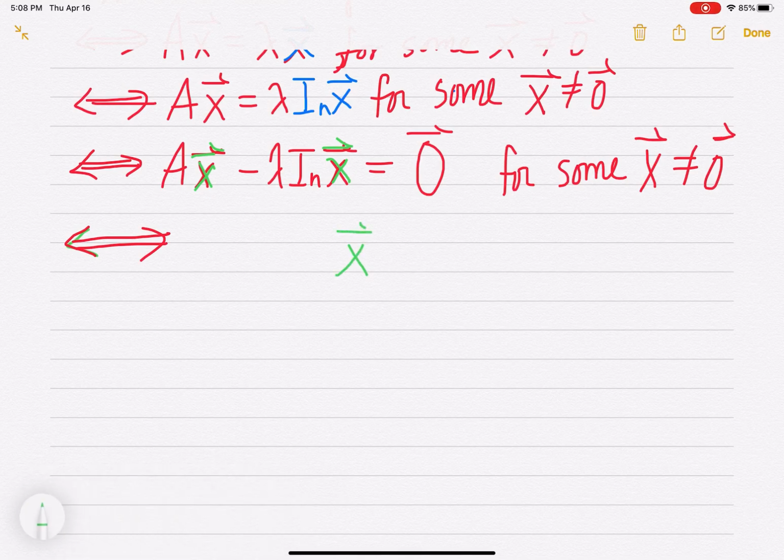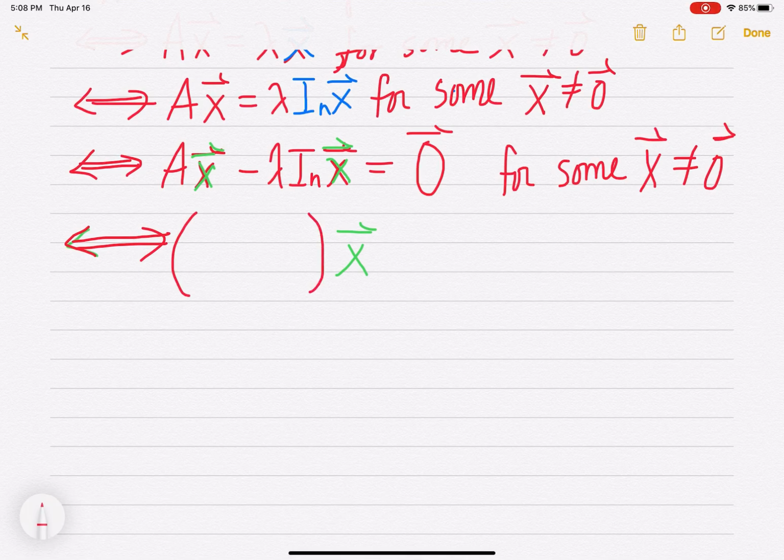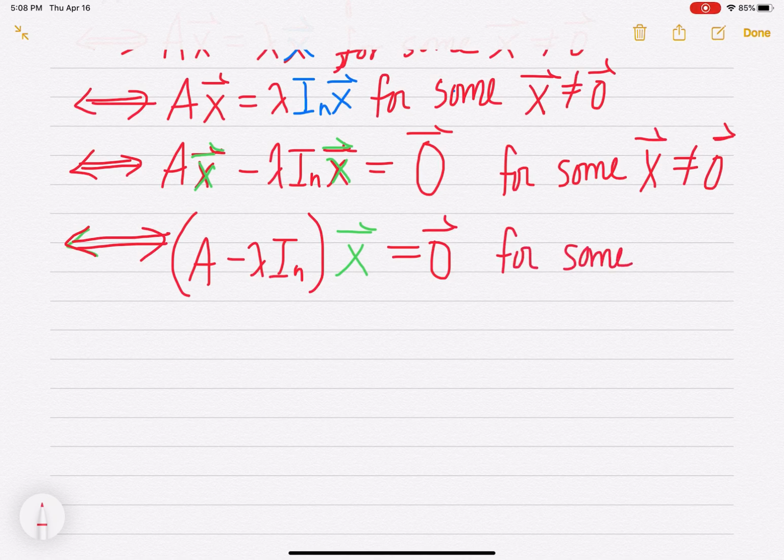This is the reverse of the distributive property. Factoring is the reverse of the distributive property. In parentheses, we're going to have what? A minus lambda I. On the right-hand side, we have the 0 vector. And we have to keep in mind that this x is not 0.